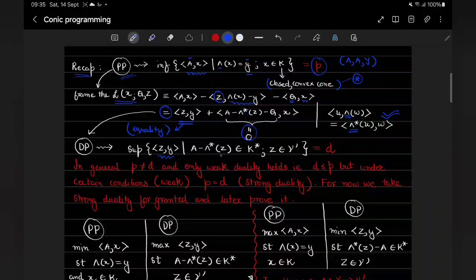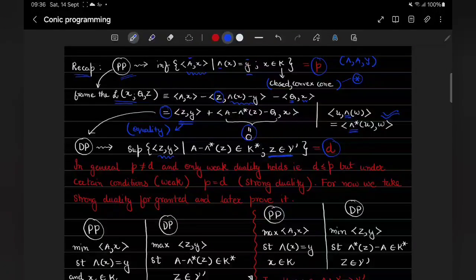This means A minus lambda star z belongs to K star, because K star is the dual cone of K, which is the set containing the separating hyperplanes. Now z belongs to V prime, because V prime is the output space of the linear map lambda. This gives me another optimizing value, which is the dual value, called d.